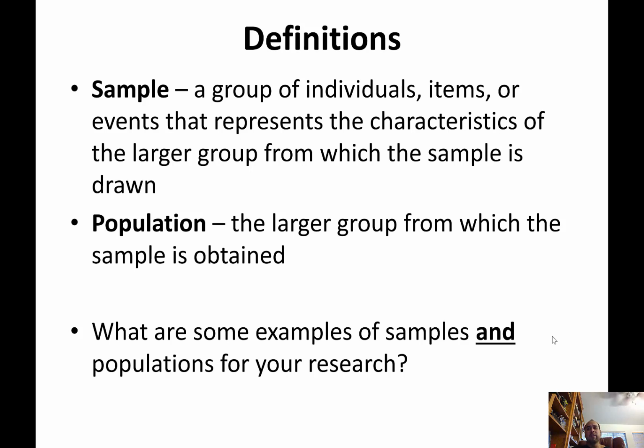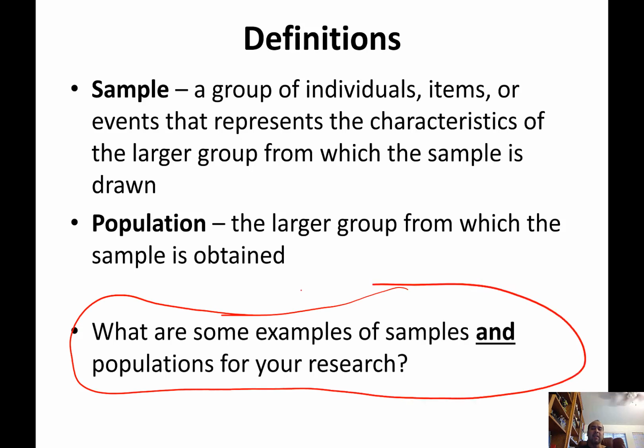You can go in the reverse as well. You could say Fresno State students are a sample of California State University students, which are 23 universities. So the comparison purpose is important to be able to identify which is the sample and the population. And this is a question that we may ask in some way, shape, or form in your quiz.